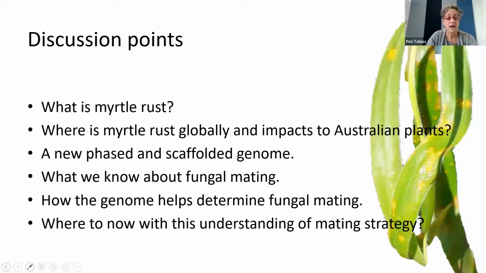Then I'll talk about the new phased and scaffolded genome that we've just assembled, and what we know about fungal mating, particularly in the Basidiomycota, and how this new genome helps determine the mating strategy. And then I'll move on to where we can go with this new information.